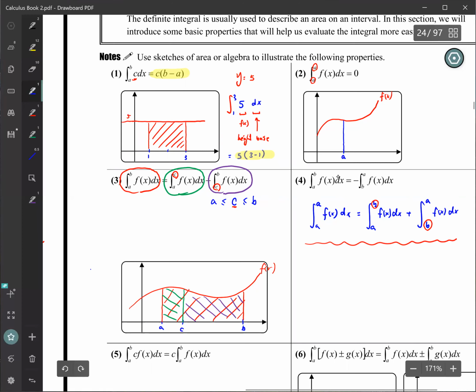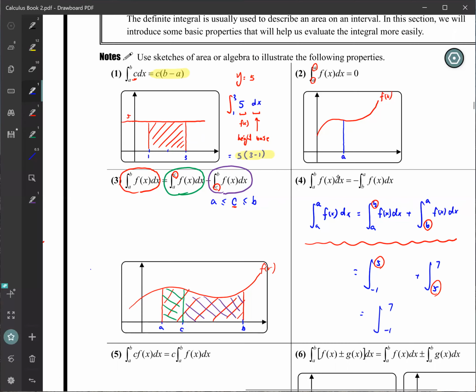So for example, if I have -1 to 5 plus 5 to 7, as long as the top end and the lower end are the same, then I can connect them together and write it as -1 to 7.